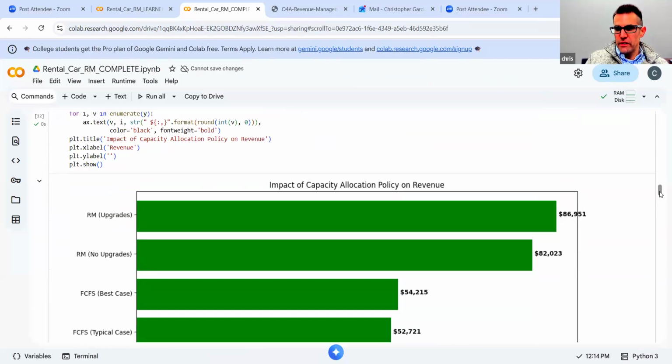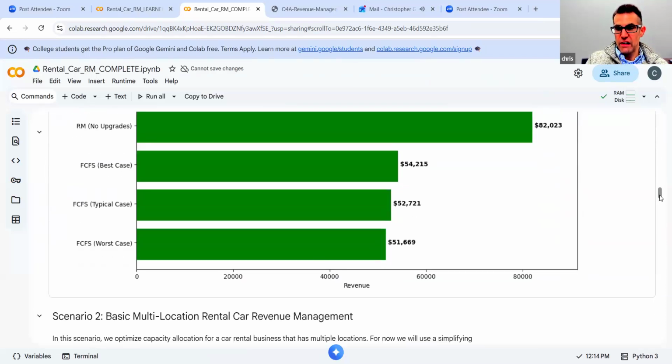We compare using revenue management to not using it, that is, first come, first served. You have a website where customers book a slot, and the system just grabs a car and allocates it to that slot, without thinking about how that might impact its ability to serve other slots. Literally just first come, first served.